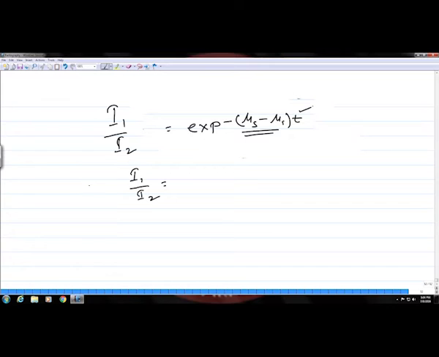Now, if you take this ln I1 by I2, then it simply becomes this, and we know that Cs is this.